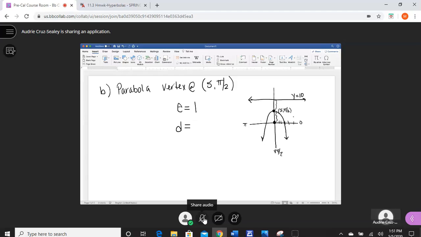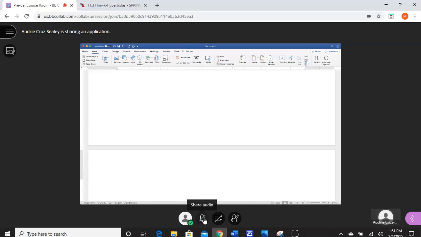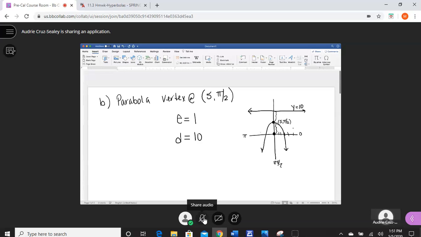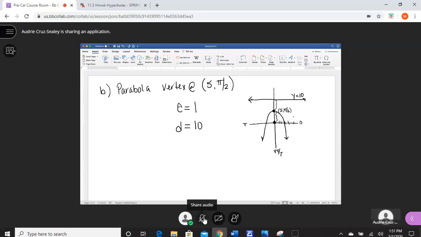I read it to you twice. What is D? The distance from the pole to the directrix. And how far is that? 10. It's 10 units. It's the distance from the pole to the directrix. So that's 10. Okay. And then what picture does this look like?